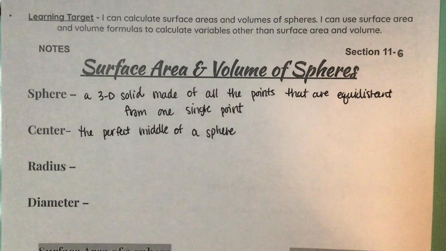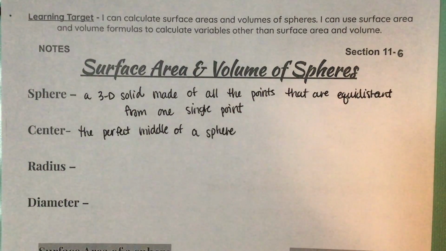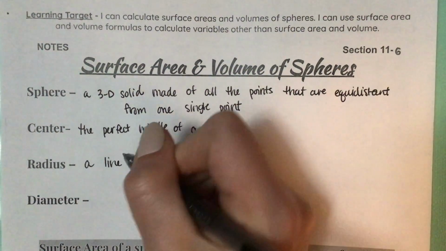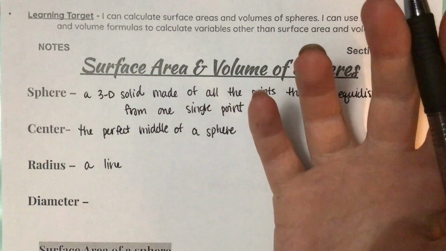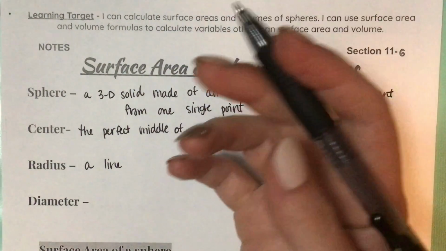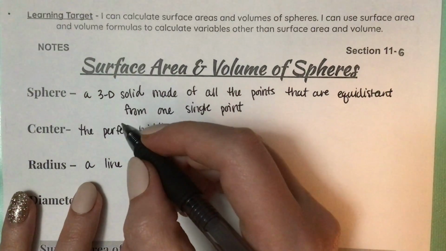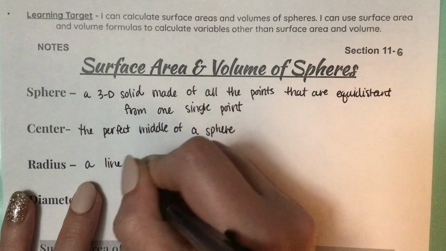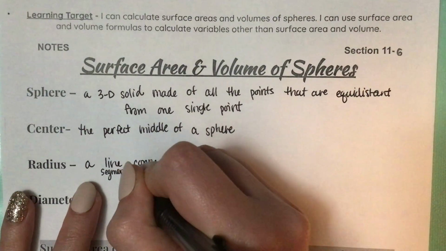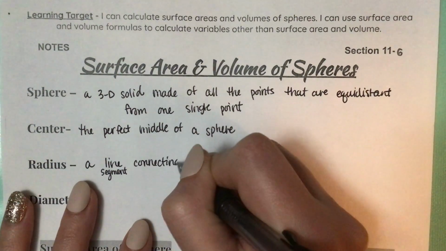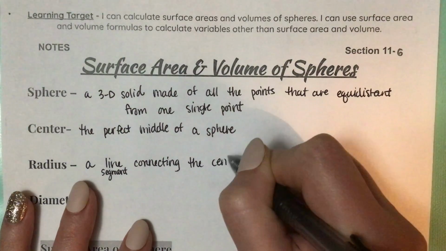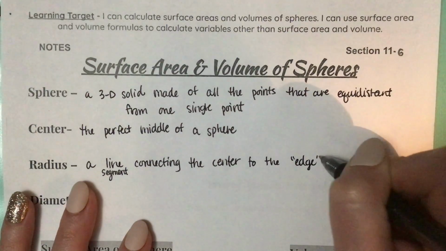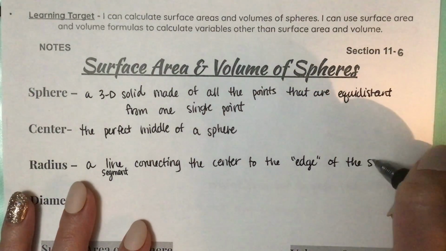Now the radius is going to connect the center of the sphere to the edge of the sphere. So a line, and it has tons of these. There's not just one, there's basically an infinite amount. So a line segment connecting the center to the edge, for lack of a better term, of the sphere.